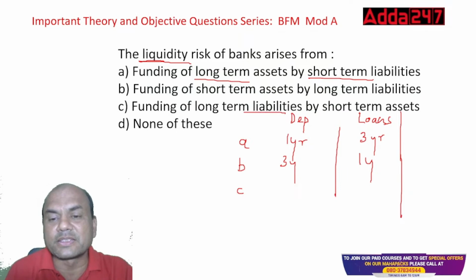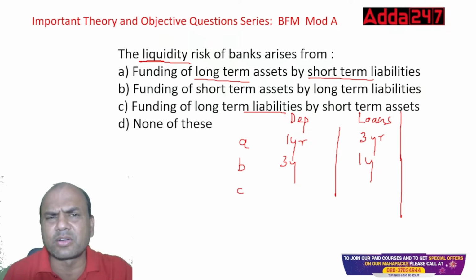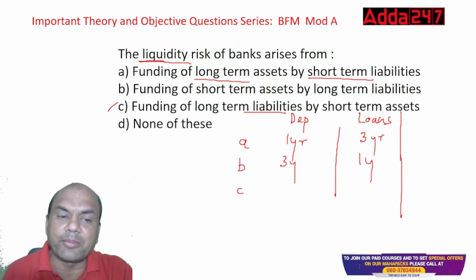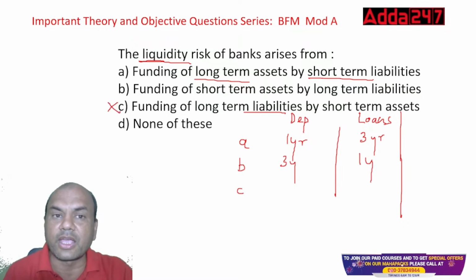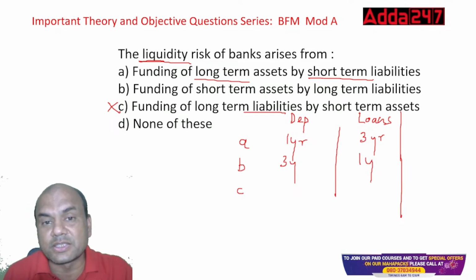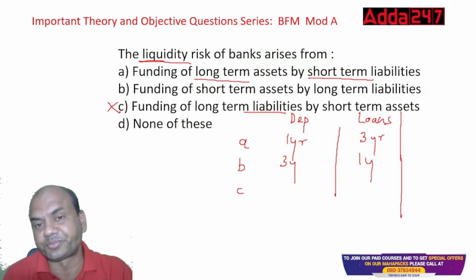Liabilities funded by assets. Is it possible? Not at all possible. Assets are always funded by long-term or short-term liabilities. So C is ab initio wrong. Ab initio means from the start itself. We need not even discuss this. Now the question lies between A and B.